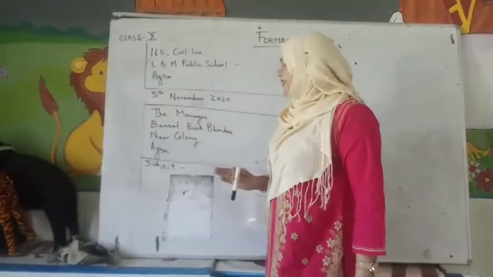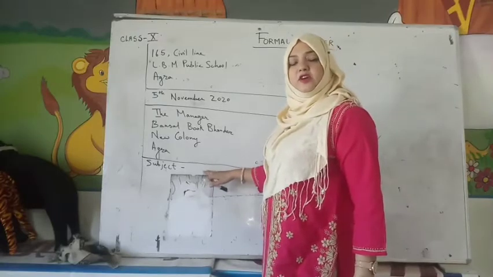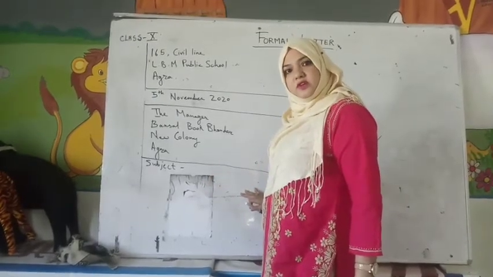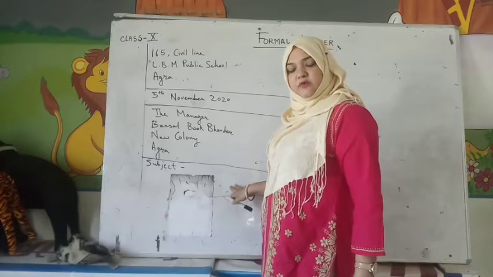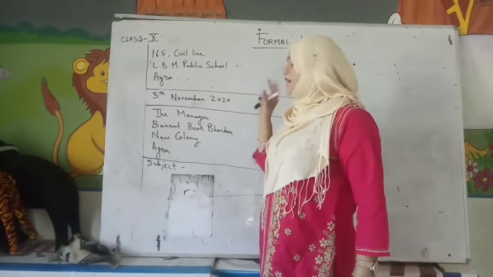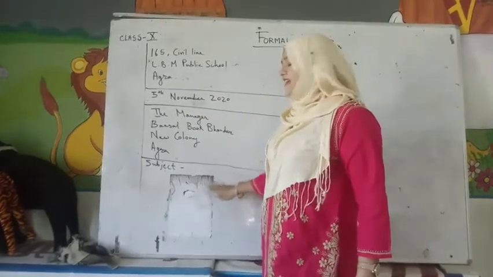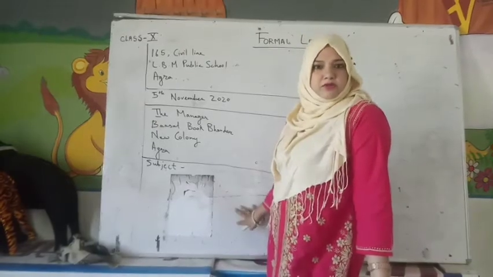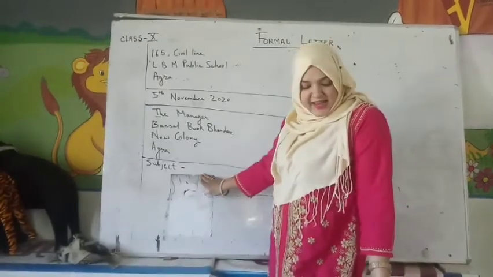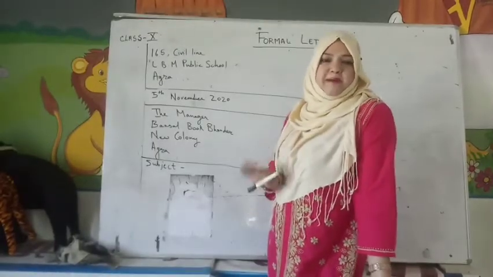The only thing is you have to be careful that it should be a short sentence, not 2 or 3 lines. Subject is a summary of the letter. Just by reading that line, the person should understand what the letter is about. So you write just complain about the supply of damaged books.